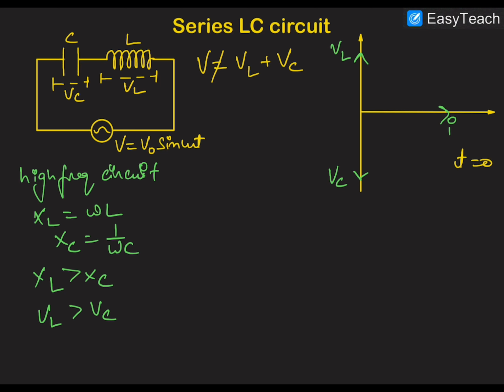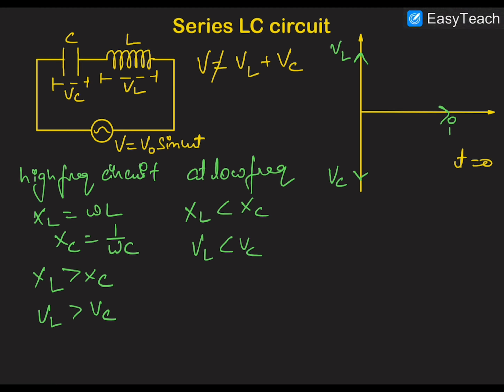At how much frequency does this occur? The frequency must be greater than the value where XL and XC are equal. If that frequency is omega naught, then at high frequency omega should be greater than omega naught. At low frequency, XL will be less than XC and VL will be less than VC.